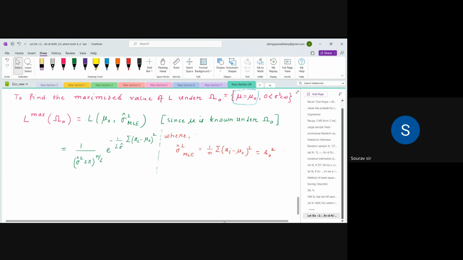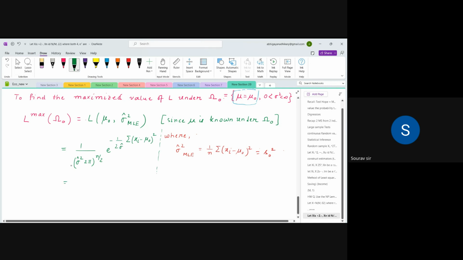Correct? This is what it will be. And then you would replace the value of sigma hat square everywhere.